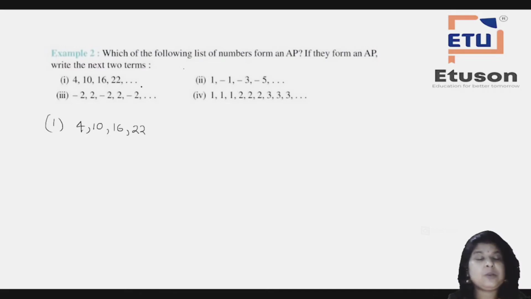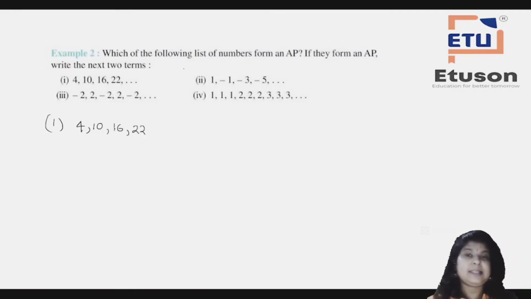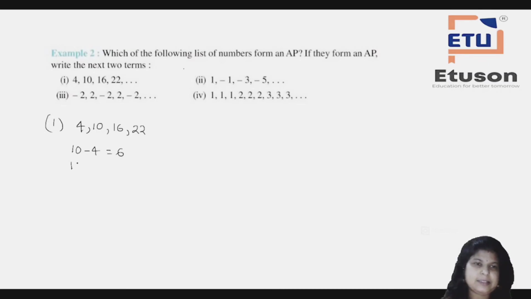So this will be in AP only when the common difference is same, right? So let us check. 10 minus 4, how much? It is 6. 16 minus 10, it is 6. 22 minus 16, it is 6.